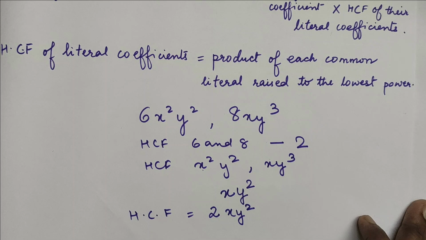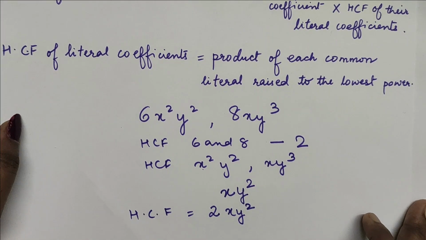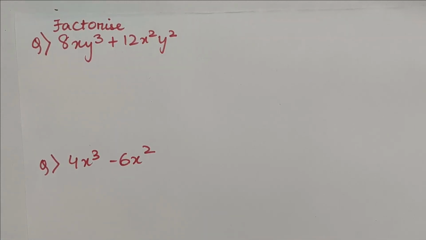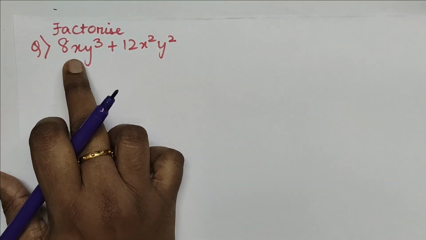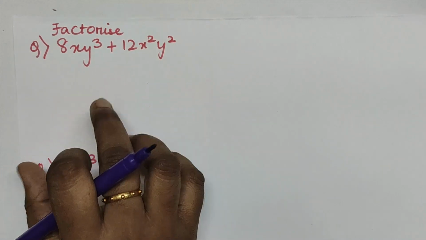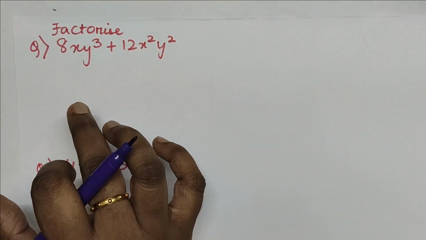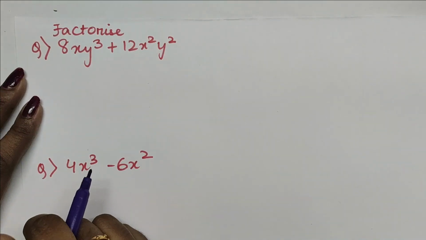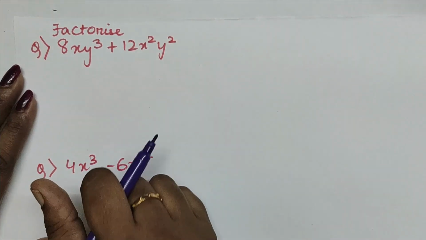Now, how do we use this concept in solving factorization? You can see I have taken one question, 8xy cube plus 12x square y square. Let us use this highest common factor way of solving it, finding the common terms and factorizing the given polynomial.